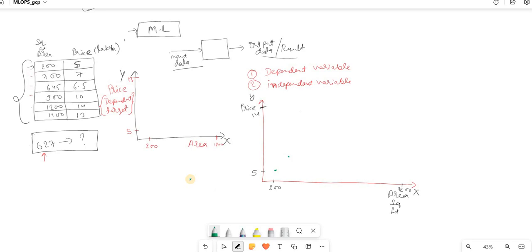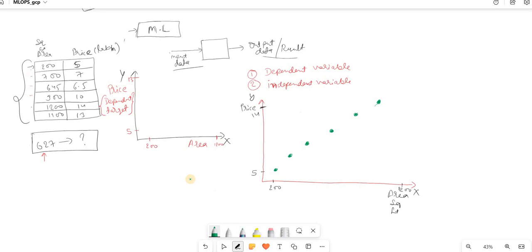And then for 7 lakh it will be 700, so let it be here somewhere. Let me make it a little bit bigger so that you will understand. I'm assuming these points are going somewhere like this. Don't go exactly with the values.